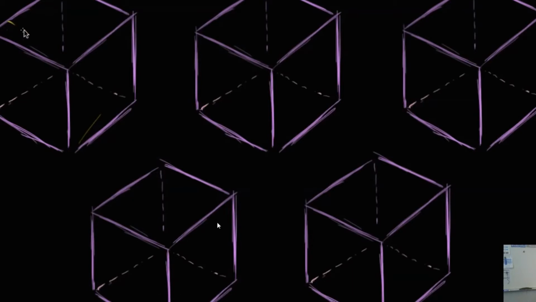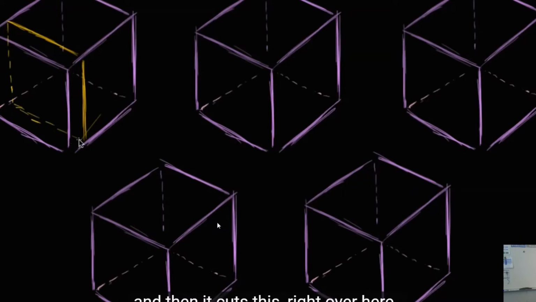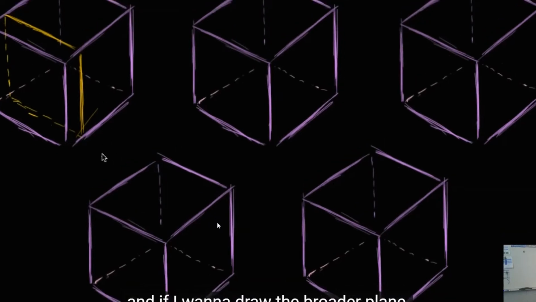A square is maybe the most obvious one. So it cuts the top right over there, cuts the top right over there, cuts this side right over here, cuts this side right over here. It cuts this side, I guess in the back, if it's a glass cube you'd be able to see it, right over there, dotted line, and then it cuts this right over here. So you can imagine a plane that did this. And if I wanted to draw the broader plane, I could draw it like this.